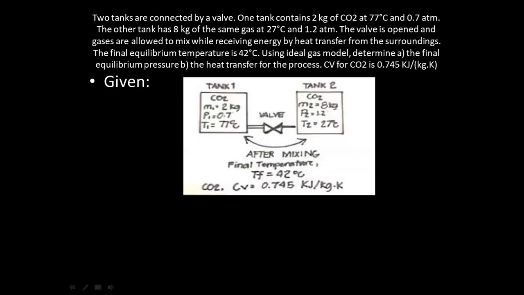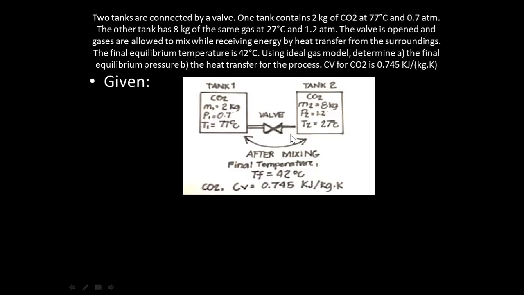Now, if we're going to illustrate it in a diagram, the first tank has carbon dioxide with a mass of 2 kilograms, a pressure of 0.7 atmosphere, and a temperature of 77 degrees Celsius. The second tank contains the same gas, carbon dioxide, with a mass of 8 kilograms, a pressure of 1.2 atmospheres, and its temperature is 27 degrees Celsius.